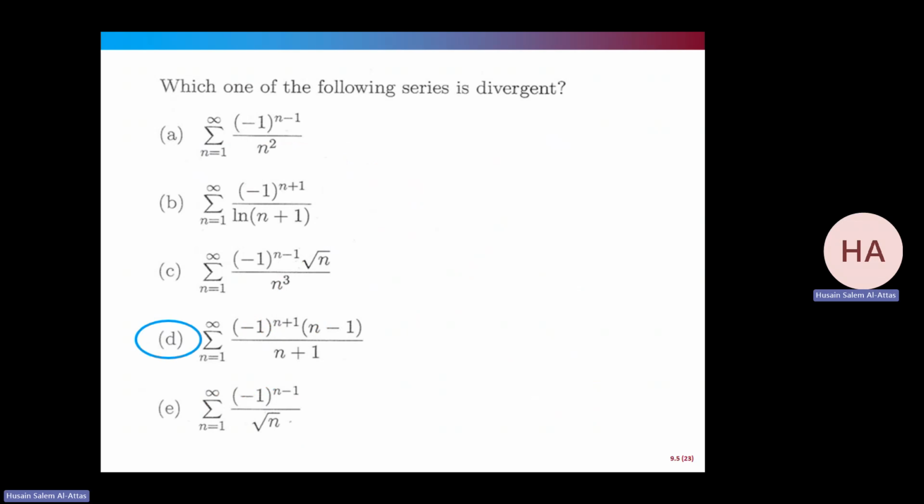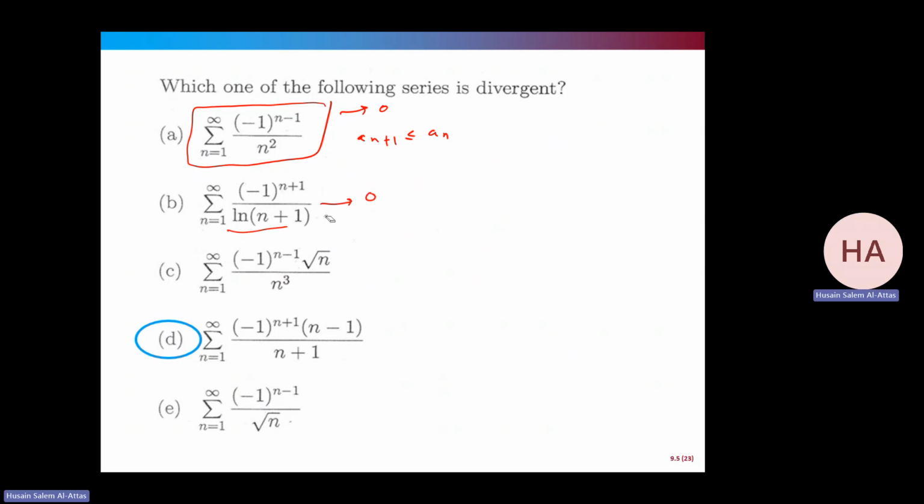Which of the following series is divergent? This one is alternating, very clear. The limit goes to 0 and a(n+1) is less than an. This one is the same, goes to 0.